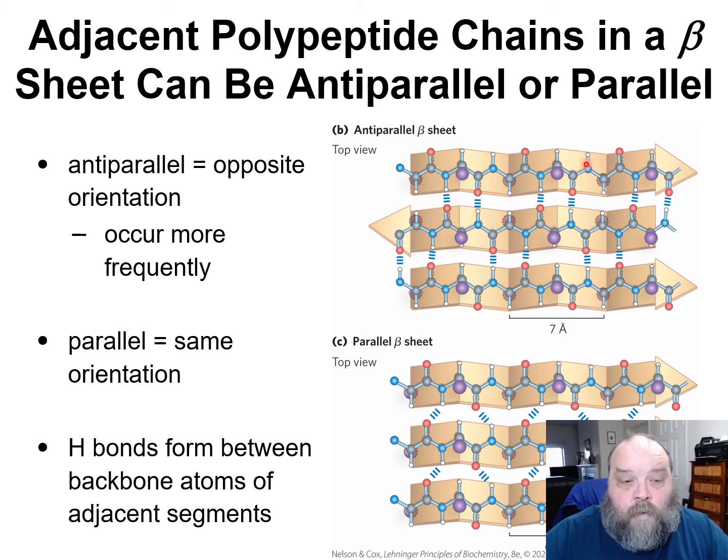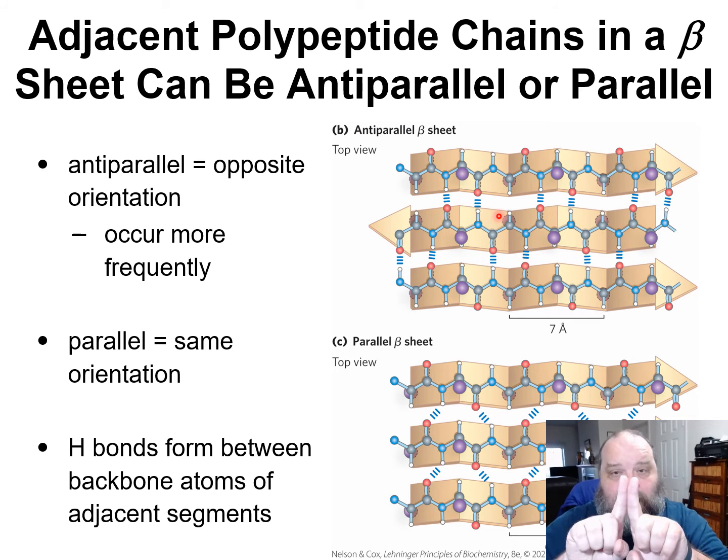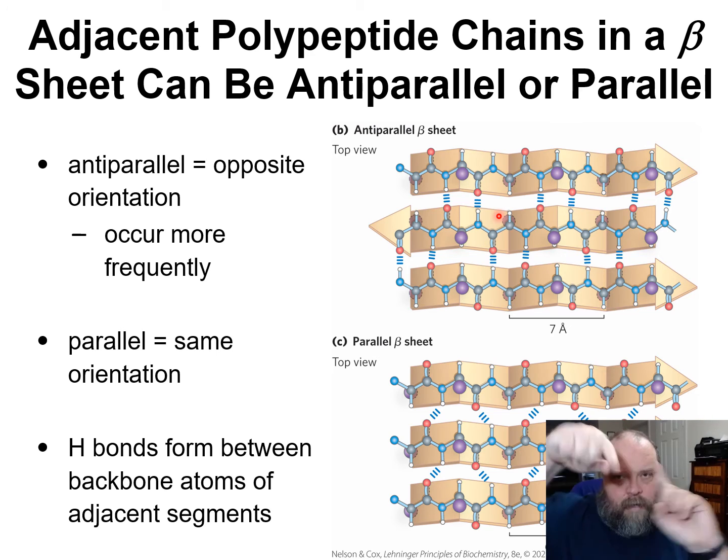Which way are things pointing? Here's the amino, here's the carboxyl. Amino, carboxyl. Points this way, points that way. They're not one continuous structure; they are individual secondary structures in proximity to each other, just laid next to each other, either parallel or anti-parallel.